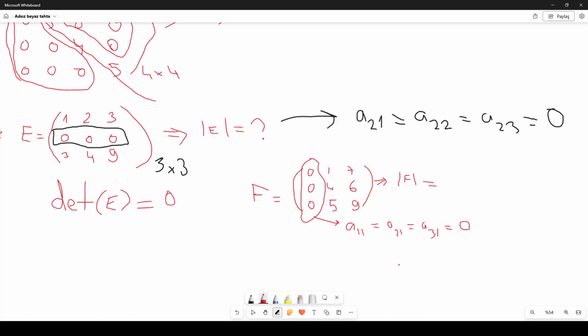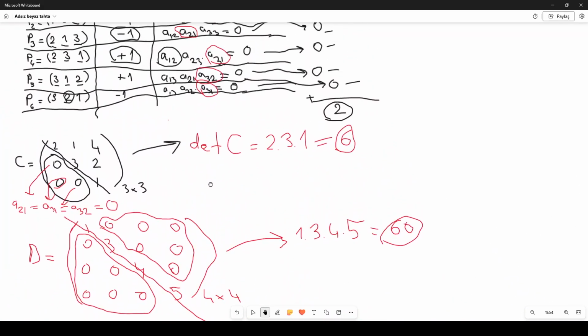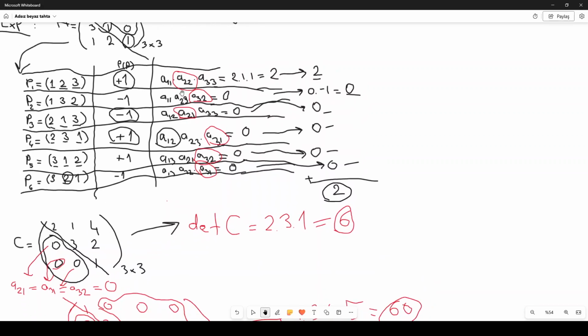By the way, I could have chosen any other column. The second column or the third column could have been a 0 column. That doesn't matter. The important key observation here is that regardless of which column or row I choose, if they are all equal to 0, their components would appear in all of the multiplications in at least one position.